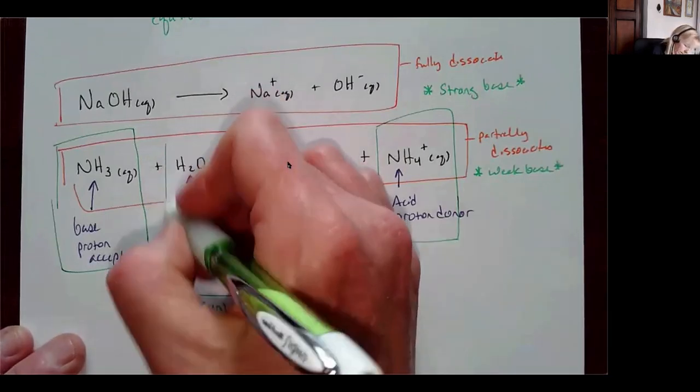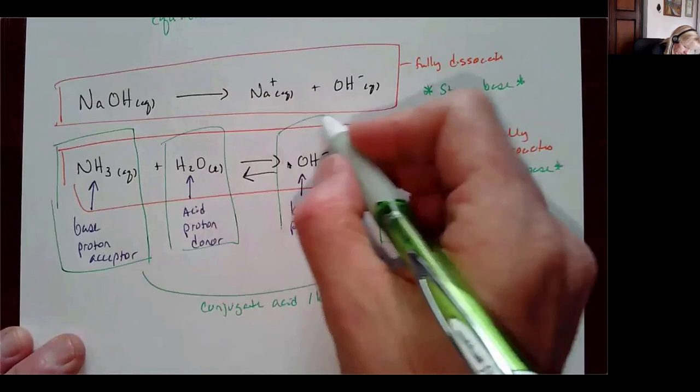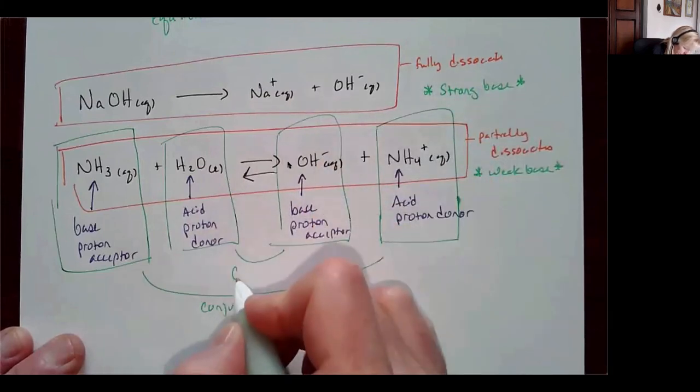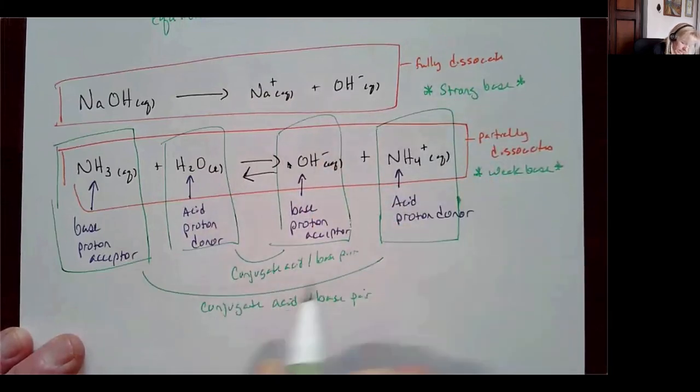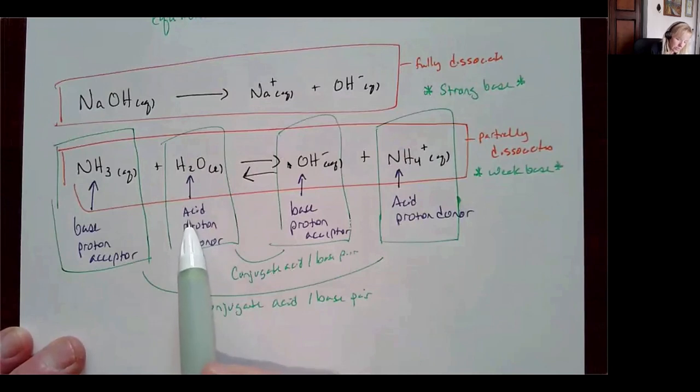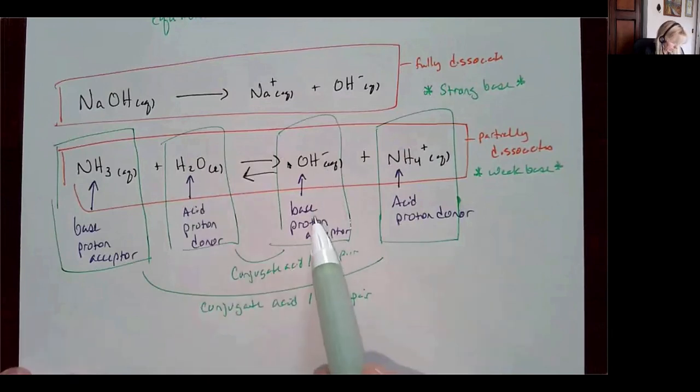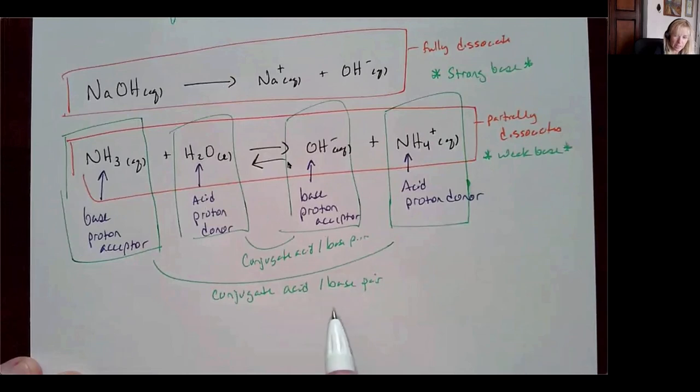My water here and my hydroxide are also a conjugate acid-base pair, because it acts like an acid until it loses a proton, and then it acts like a base. Conjugate acid-base pairs are related to each other by the gain or loss of a proton.